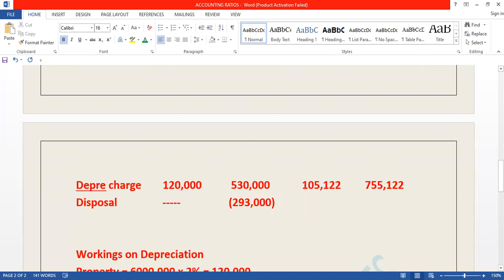Then how about the next one? Any accumulated depreciation? 39,536.